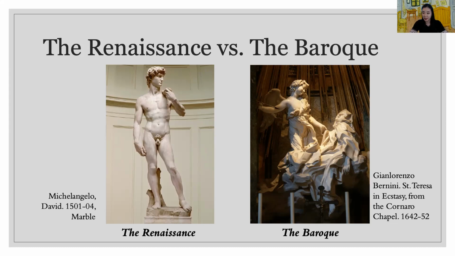On the other hand, the Baroque sculpture, Saint Teresa, is very dramatic, even theatrical. And it shows heavy light contrast by locating the sculpture in the darkest spot and using a window light on the top of the roof. And that is one of the features of the Baroque art.